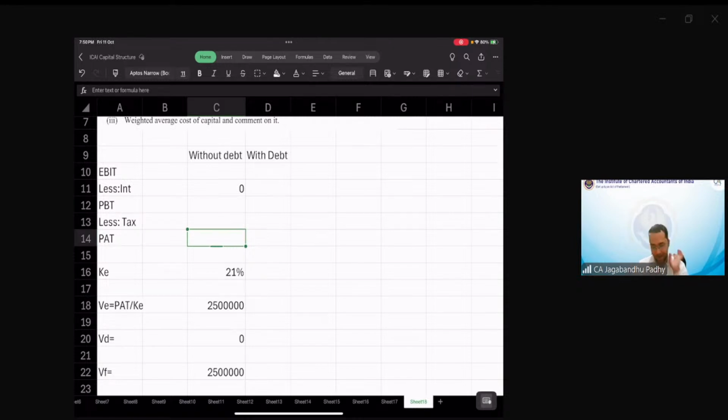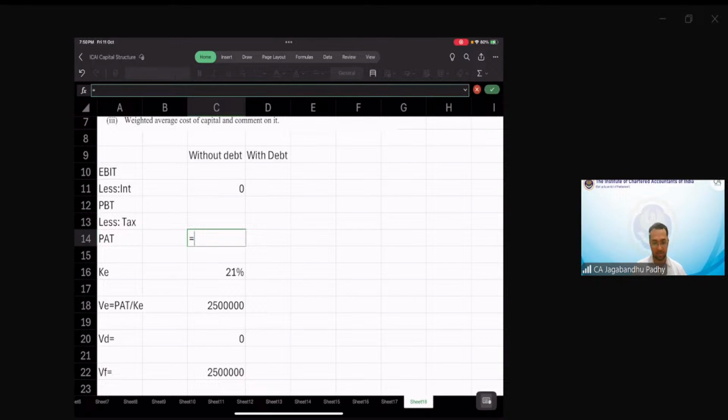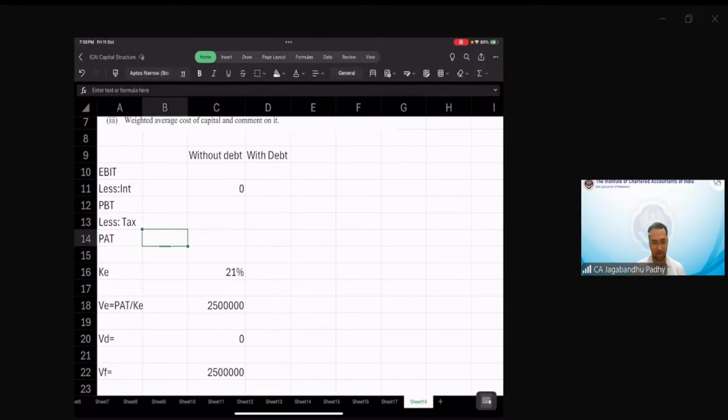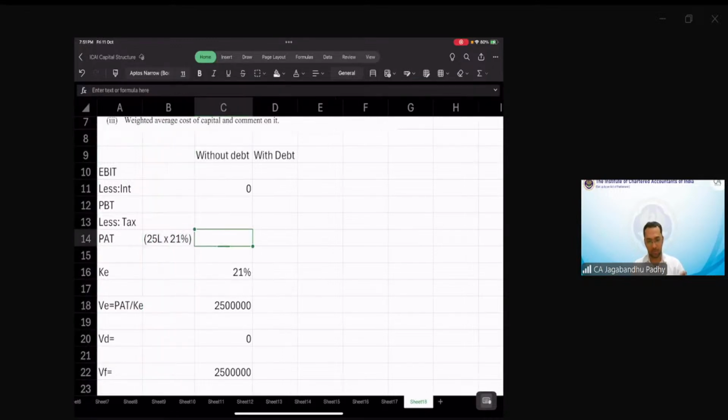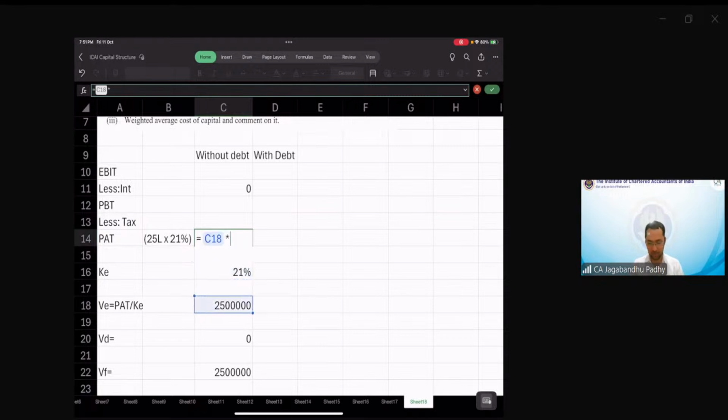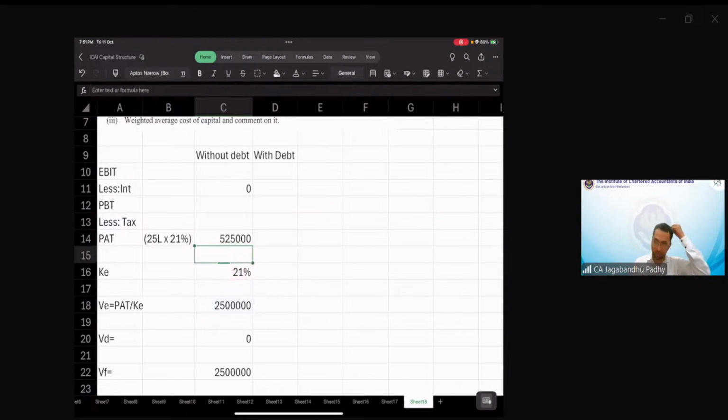Can I say here the PAT calculation is pretty decent, where we say that PAT can be computed as 25 lakhs multiplied by 21%. So this is like 25 lakh into 21%, which is 5,25,000 is a PAT, right?